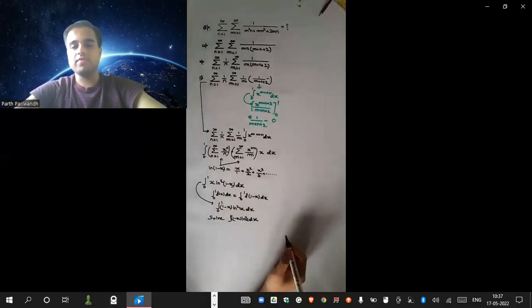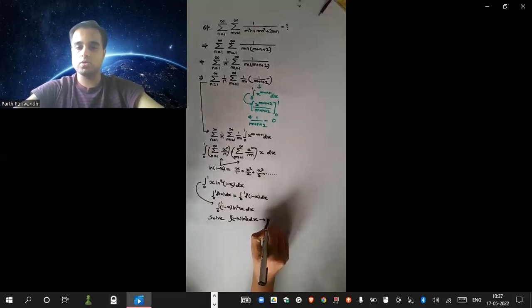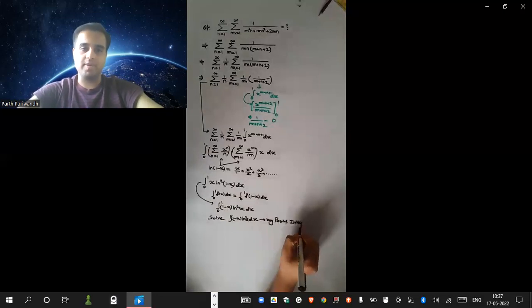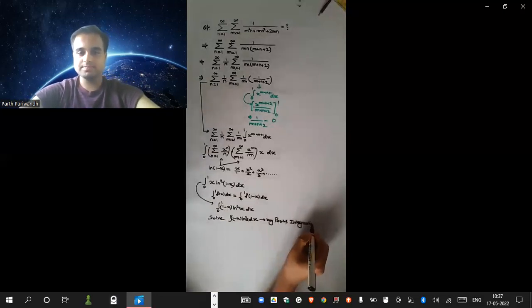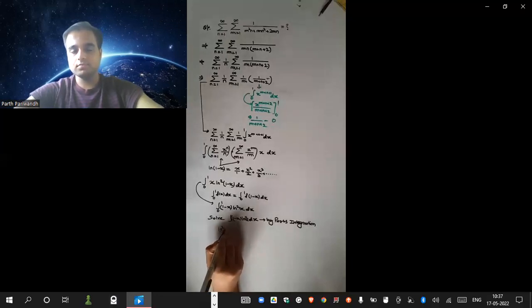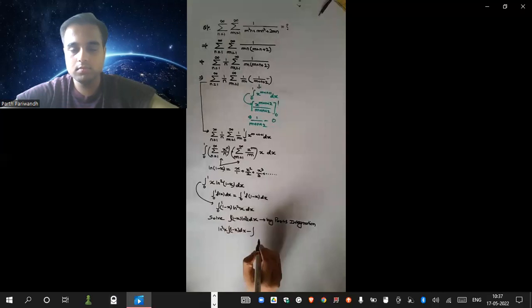All right, so we need to solve the integral of (1 minus x) into natural log square x dx. So we will apply integration by parts. We have taken the natural log square x term out.